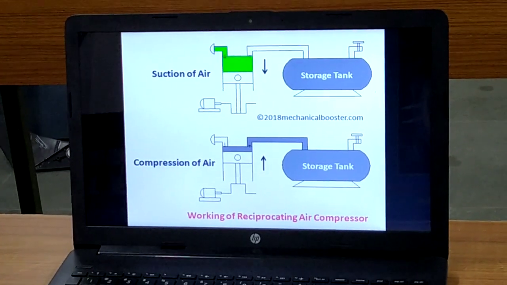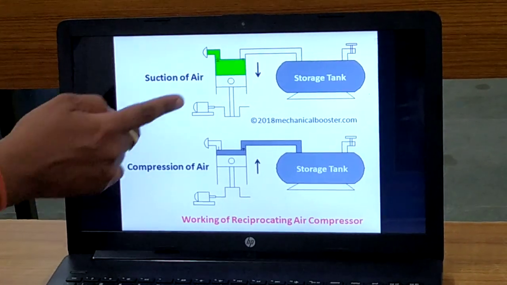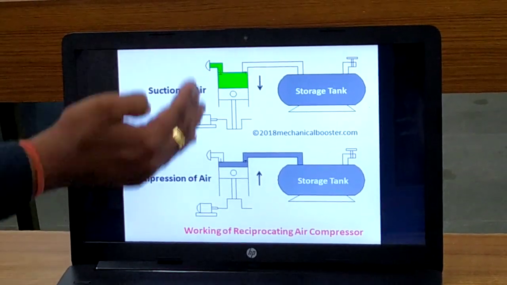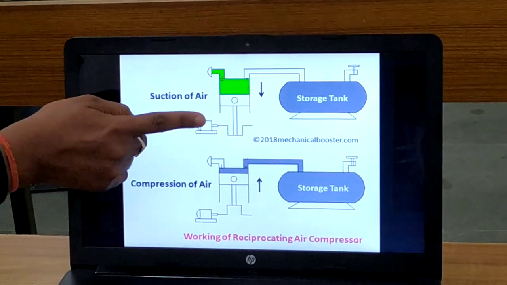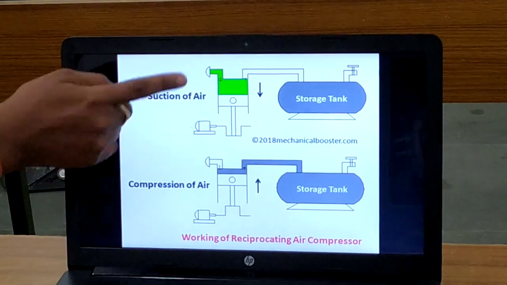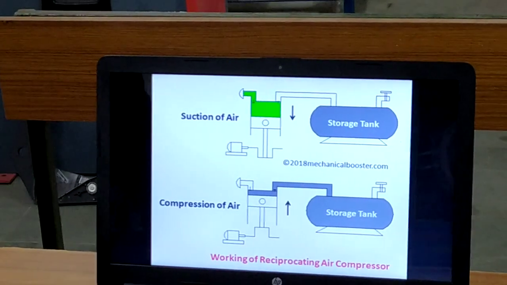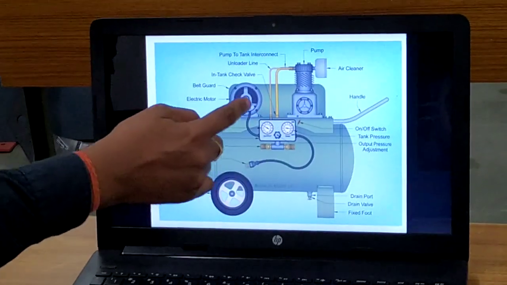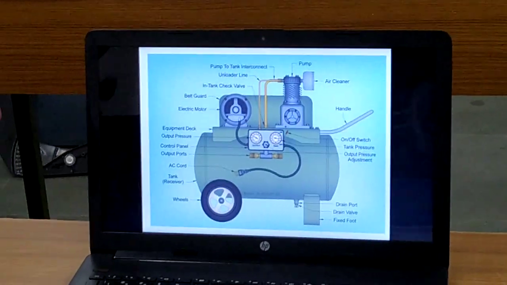Now your question is how the piston goes up and down in the cylinder. This is reciprocating, and this pump is driven by the electric motor, which rotates.